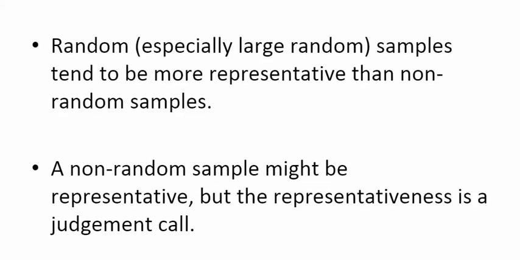Now, a non-random sample can be representative if the researcher makes an effort to get a representative sample, but the representativeness of a non-random sample is always a judgment call that someone has to make. Whenever a non-random sample is selected, you have to put it under the microscope and look for different possible sources of bias. So if you hear that someone wanted to know the average height of the university, and the person went to an 18-year-old freshman class and surveyed 20 people, your judgment call would obviously be a bad sample.